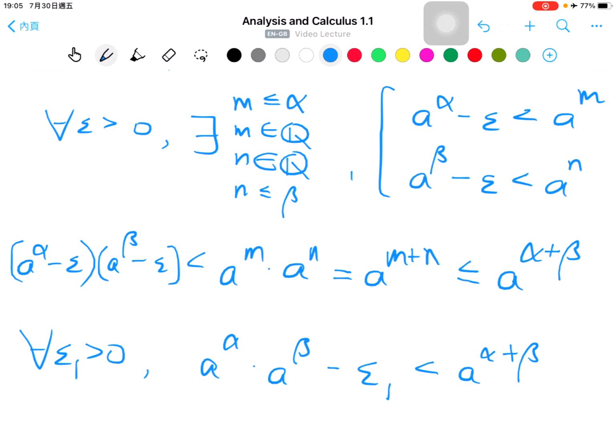Why? Now look, this is a to the alpha minus a little bit. This is a to the beta minus a little bit. So of course this is going to be smaller than a to the alpha times a to the beta, right? If it's smaller than a to the alpha times a to the beta, I can say it's going to be equal to a to the alpha times a to the beta minus something.